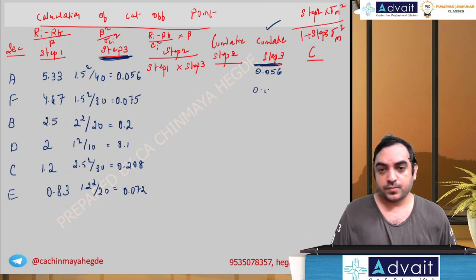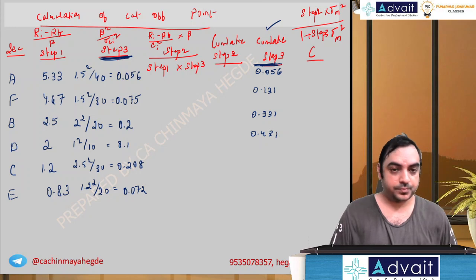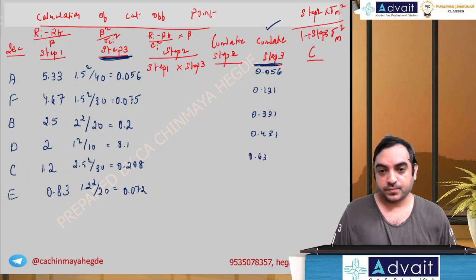0.131 plus 0.2 is 0.331, plus 0.1 is 0.431, plus 0.208 is 0.639, plus 0.072 is 0.711.